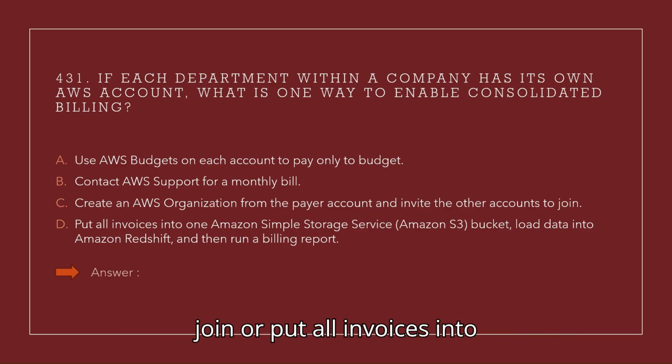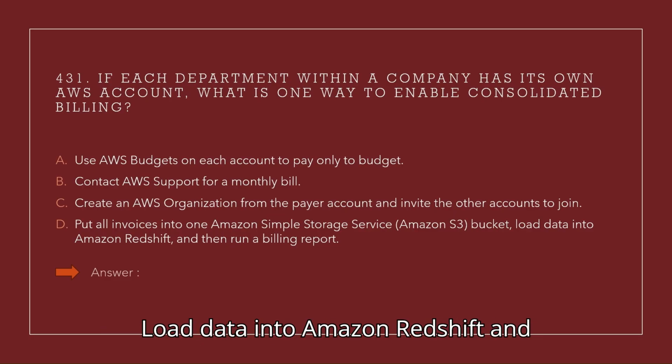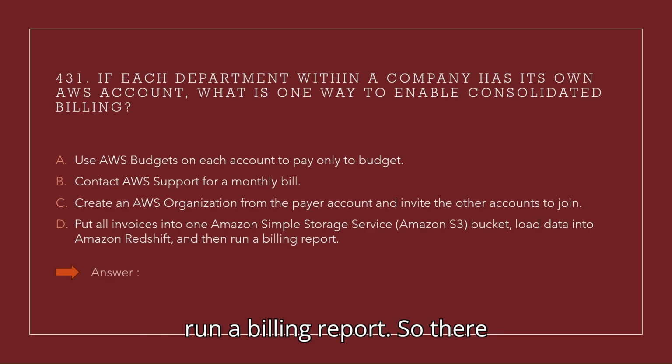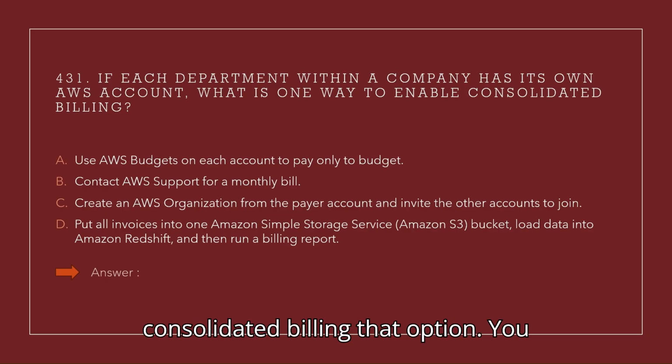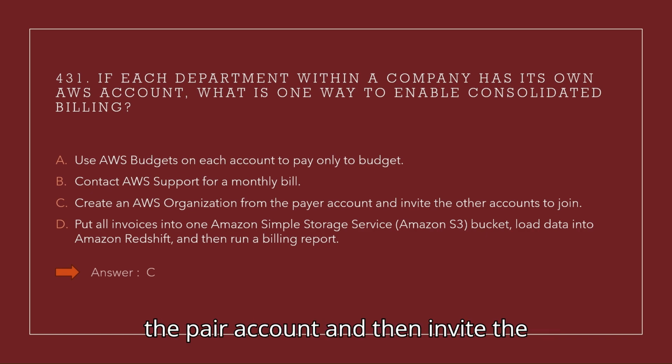Or put all invoices into one Amazon Simple Storage Service bucket. Load data into Amazon Redshift and run a billing report. So there is one way that can enable consolidated billing, that is option C. You need to create an AWS organization from the payer account and then invite the other accounts to join.